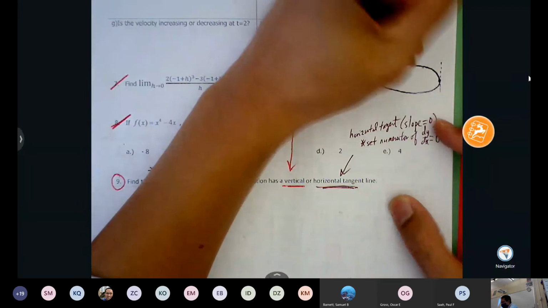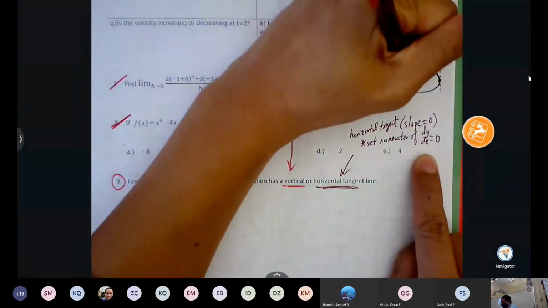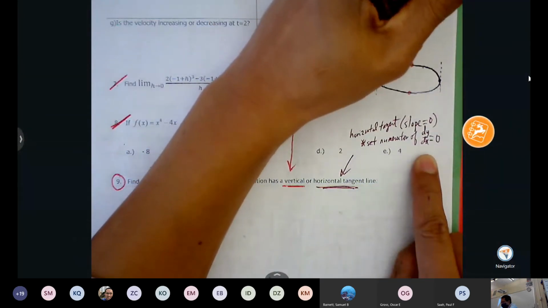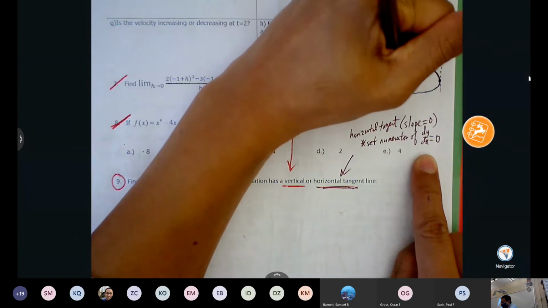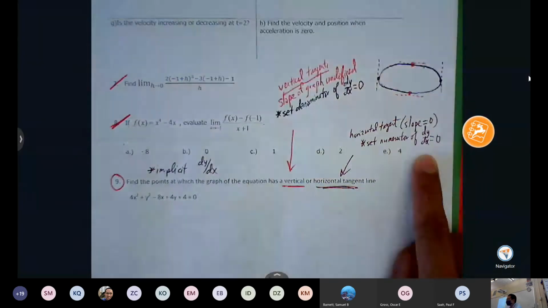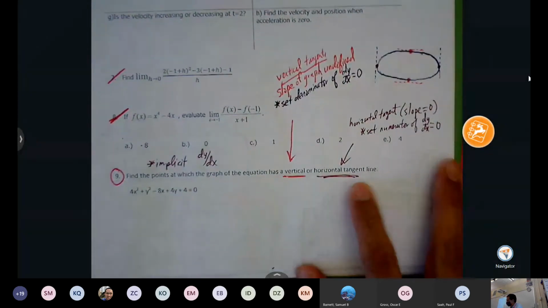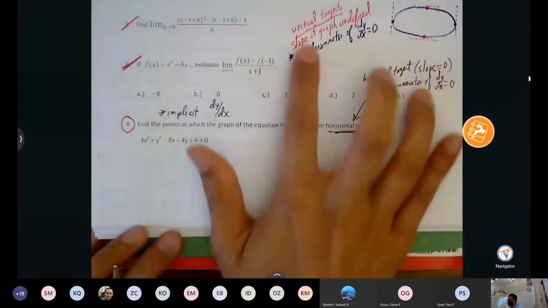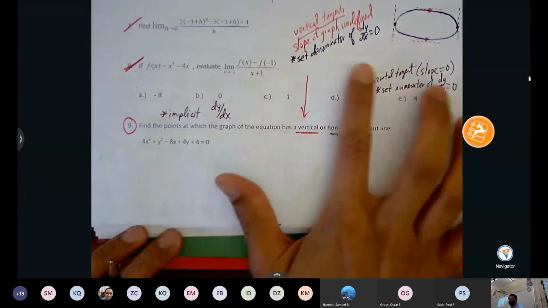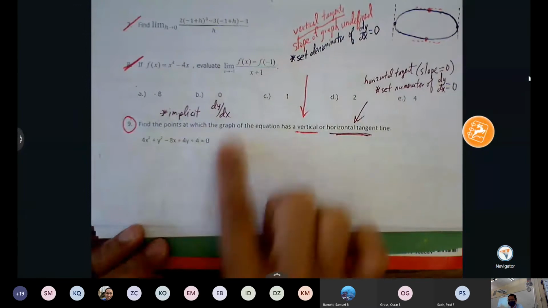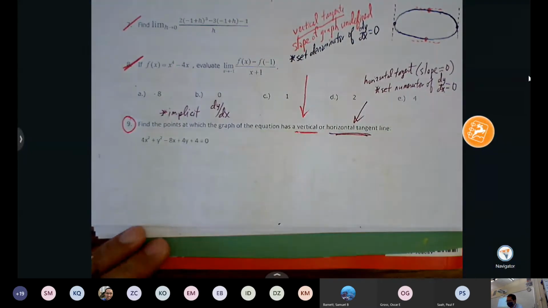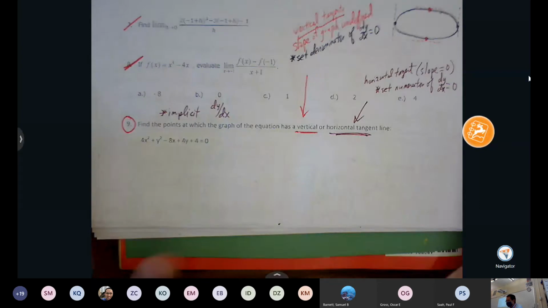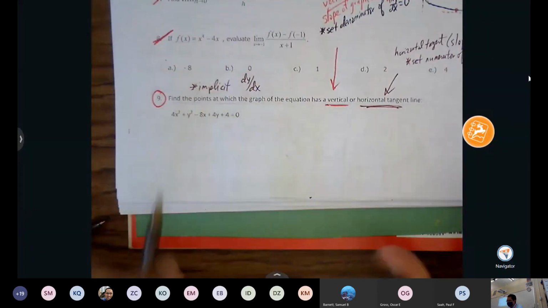So if we set the numerator of dy dx equal to 0, we're able to locate these places where there's a slope 0. I just wanted to give some visual as we go through it. Okay, but before we can do any of this, we got to know what dy dx is, right? We have to work our way down to dy dx, our derivative, first.